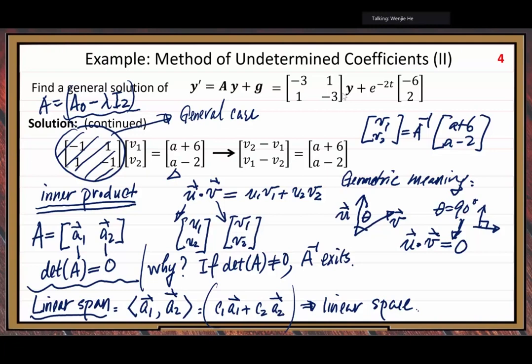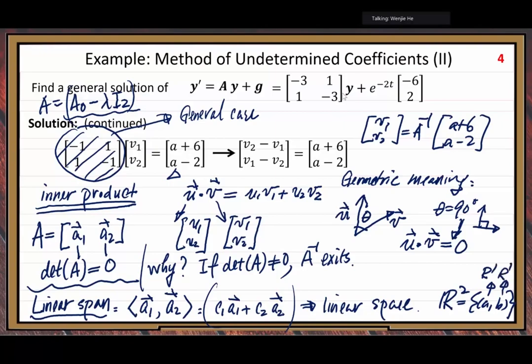Because our current space is two-dimensional, what is the whole space? The whole space is R2 space, right? R2 space is formed by two components, little a from R1, little b also from R1.